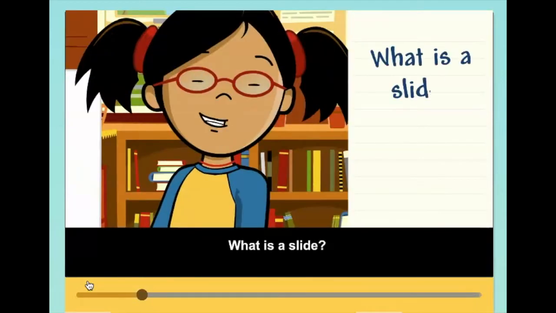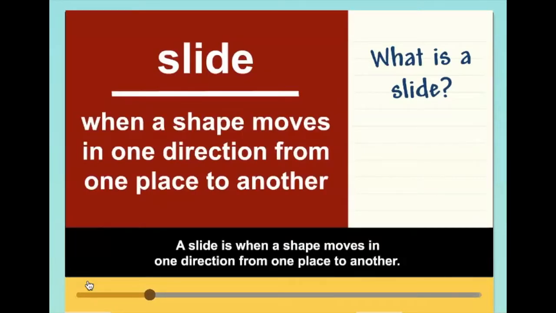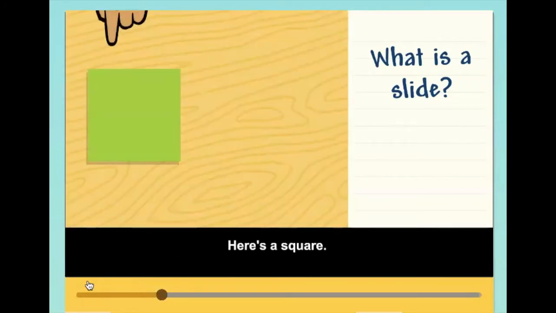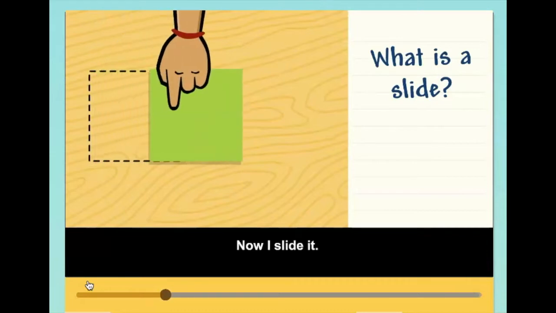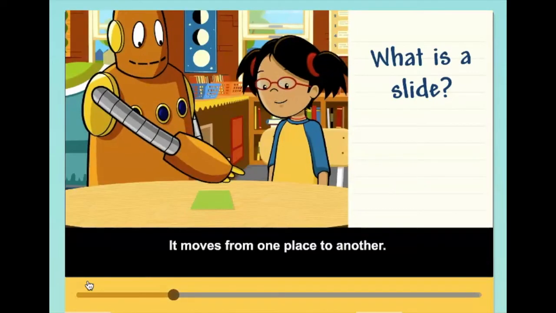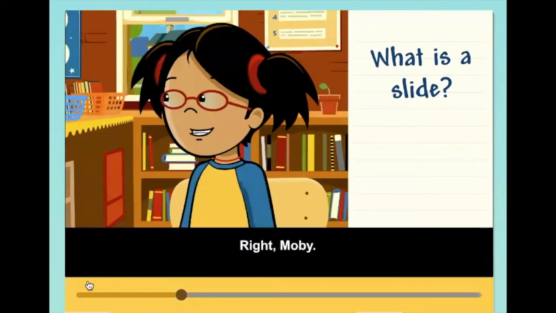What is a slide? A slide is when a shape moves in one direction from one place to another. Here's a square. Now I slide it. It moves from one place to another. Great, Moby.